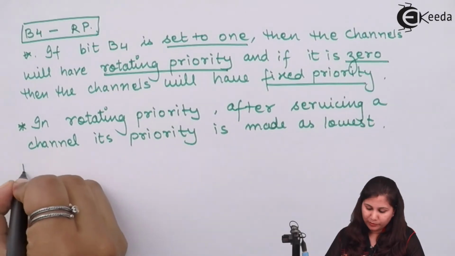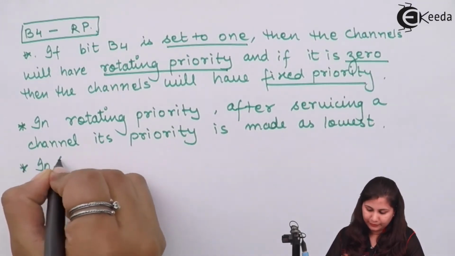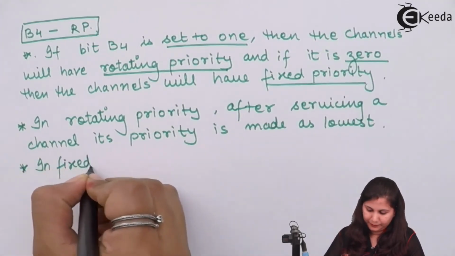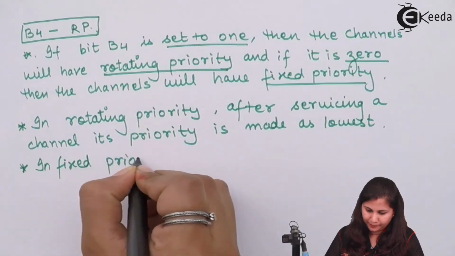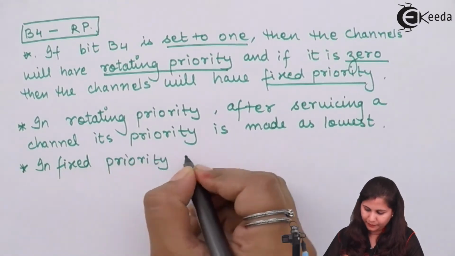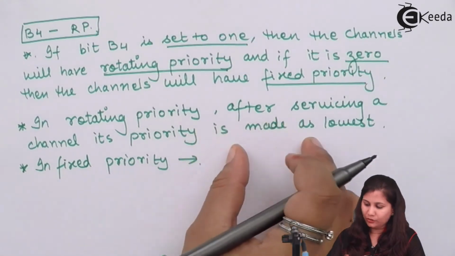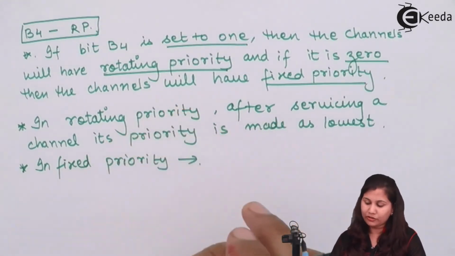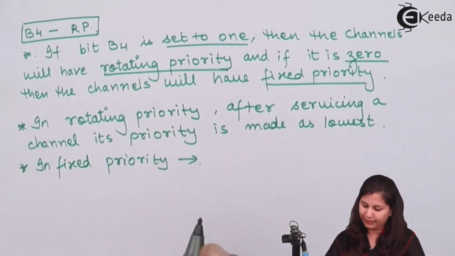Whereas in the fixed priority, channel 0 has the highest priority and channel 2 has the lowest priority.